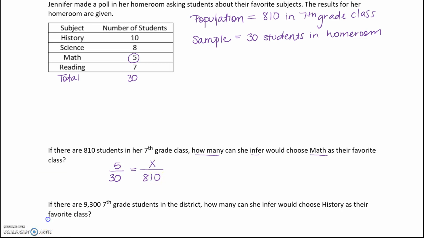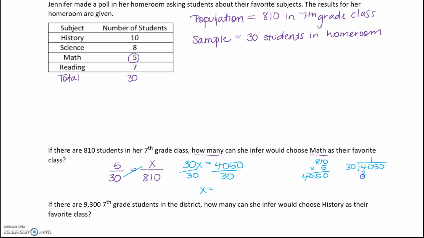You guys are proportion pros, so we're going to do cross product. 30x equals 810 times 5. 1 times 5 is 5. 8 times 5 is 40. So 4,050, divided by 30.